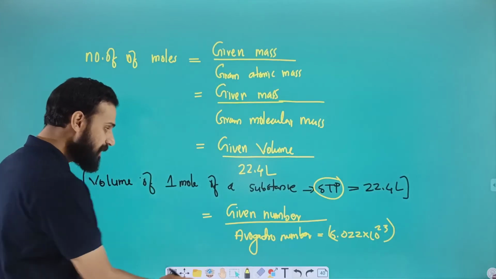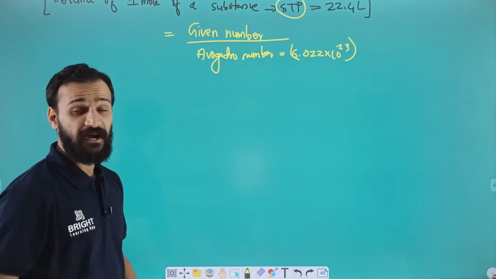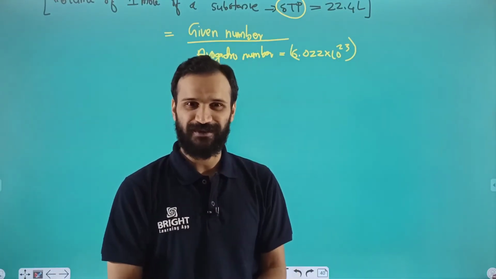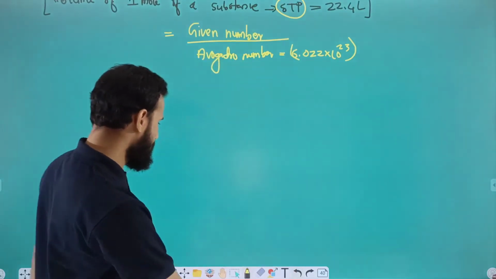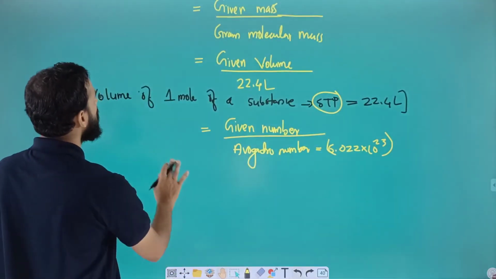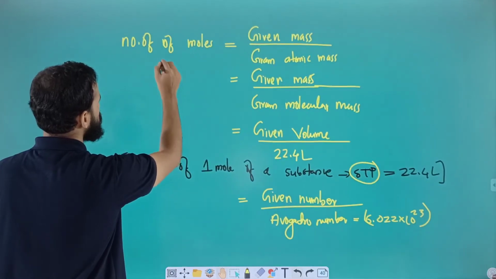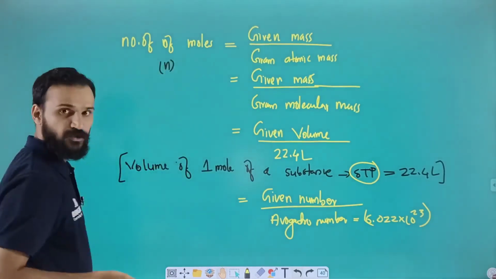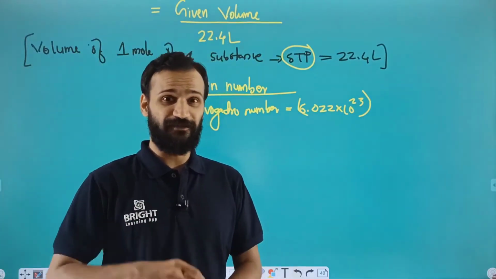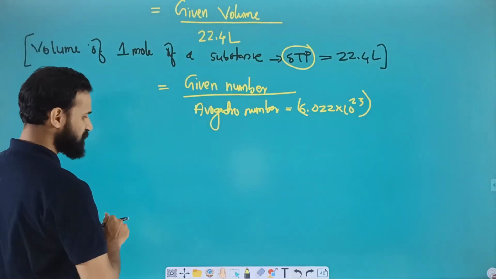Okay. And after this, we want to know how to find the number of molecules. That's an important question. And number of moles we will represent by using small letter n. After this, we want to know the calculation of number of molecules and number of atoms. How can we calculate number of molecules? Very simple, dear students.